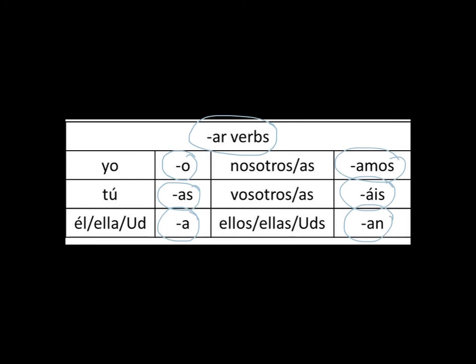You can even just keep repeating that until you get it memorized. And then remember, you need to know your subject pronouns so that you know how to use them in sentences. Yo for I, and so on.